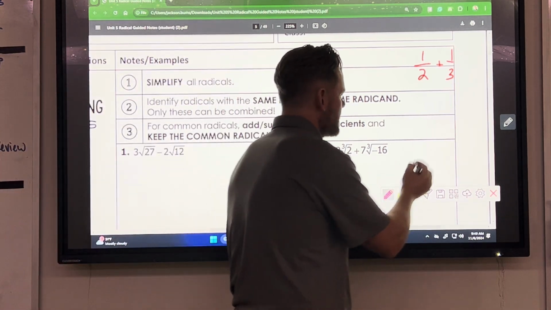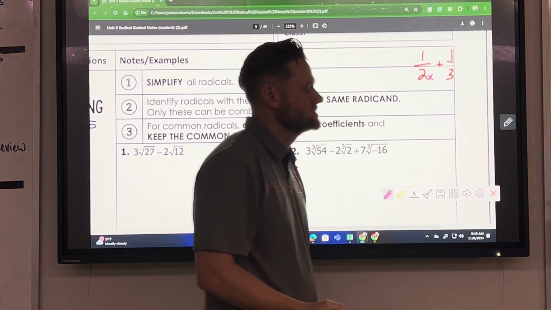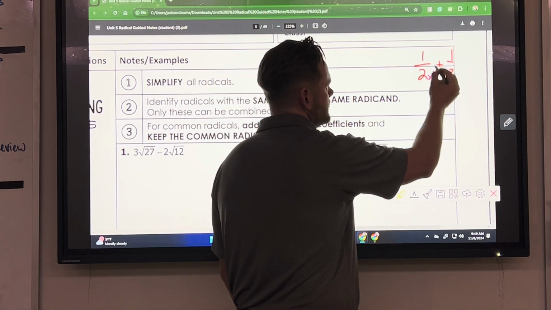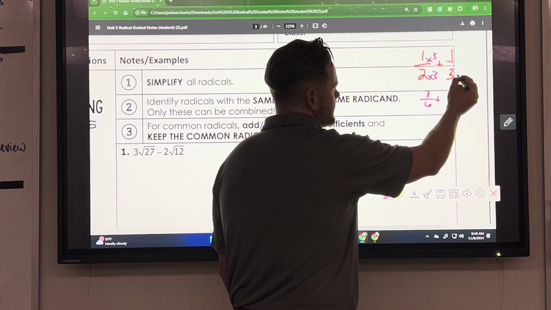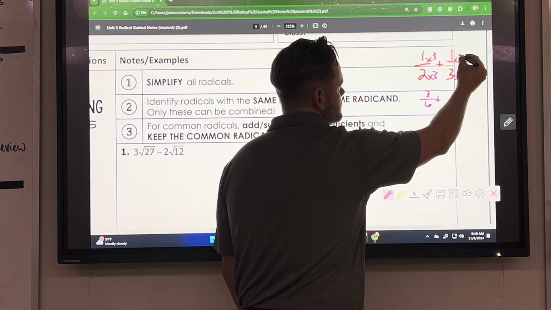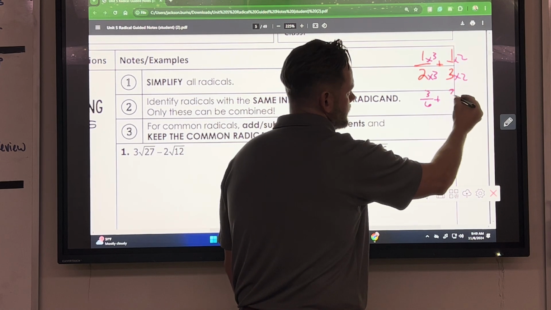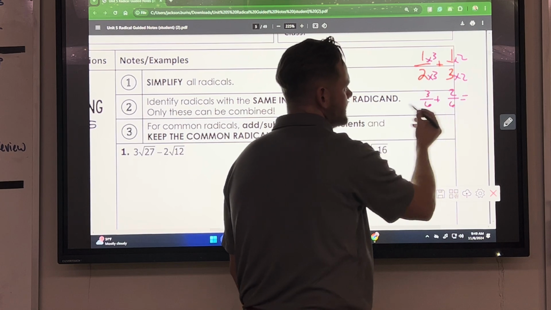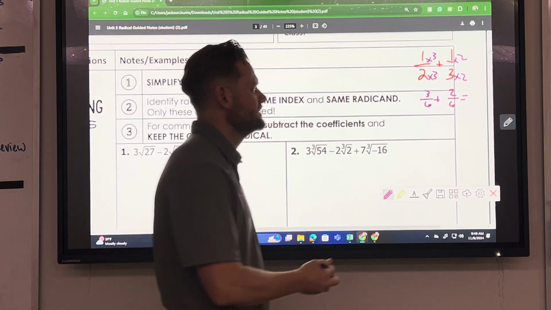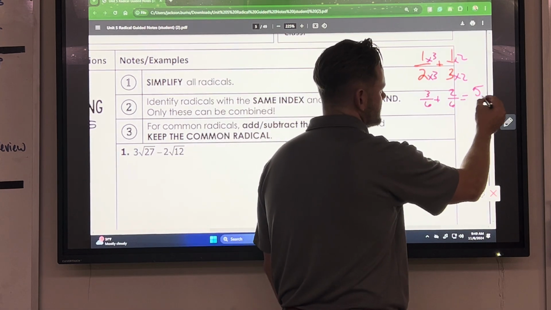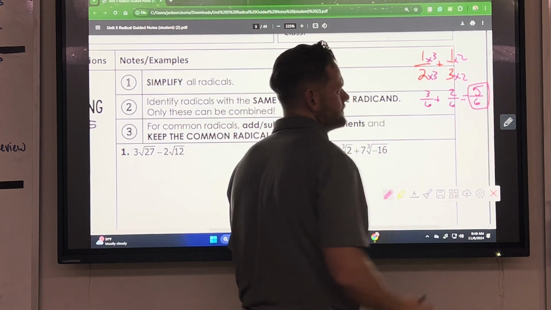Right? So over here I would just multiply my 2 by 3, top and bottom. So I would get 3/6 plus multiply by 2, 2/6. Then I just add across the top, leaving the denominator the same. So I would get 5/6, right?